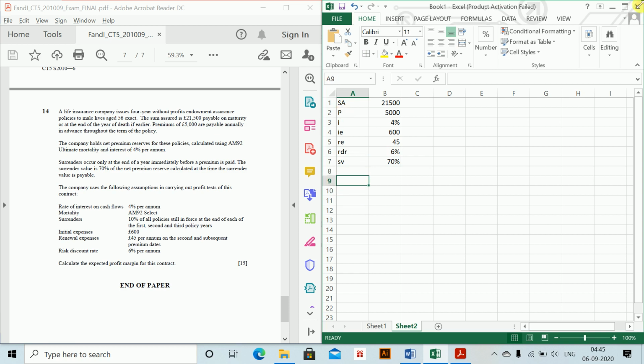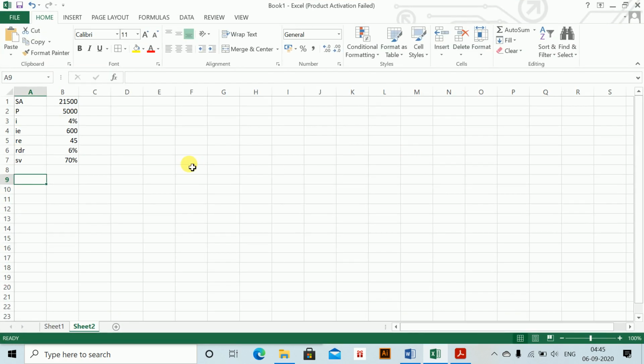So again now, coming here: premiums, expenses, commissions. Okay, so there's no commission in this sum. So interest, you have our extra death cost or EDC.